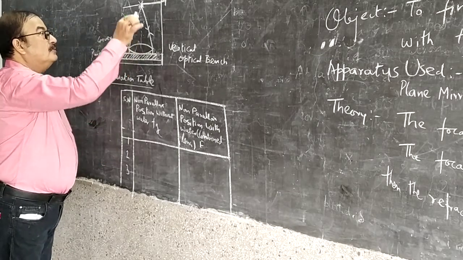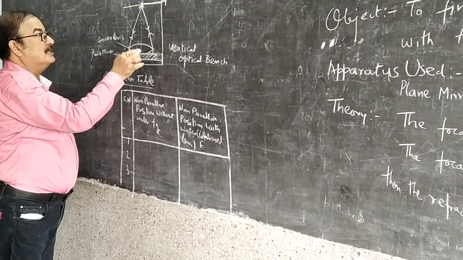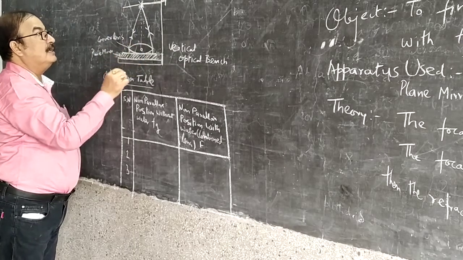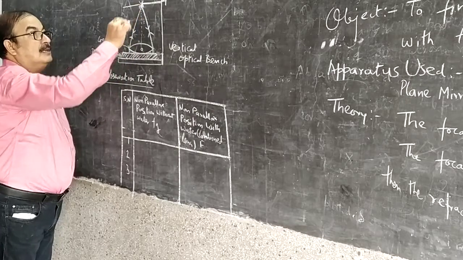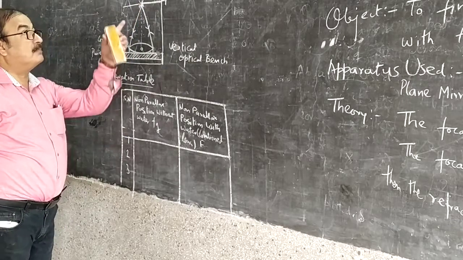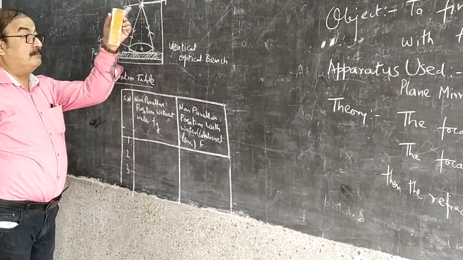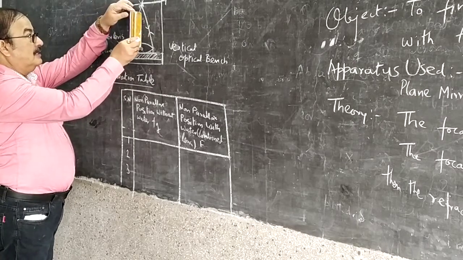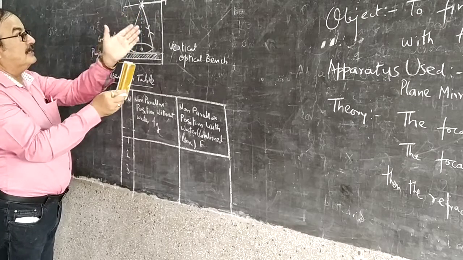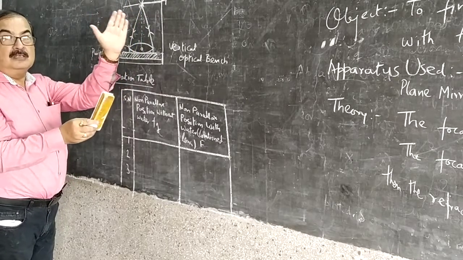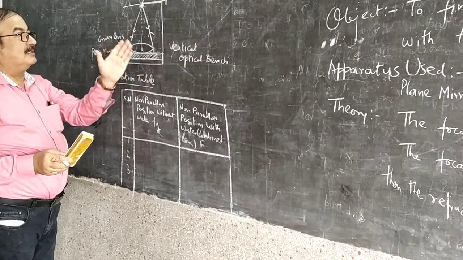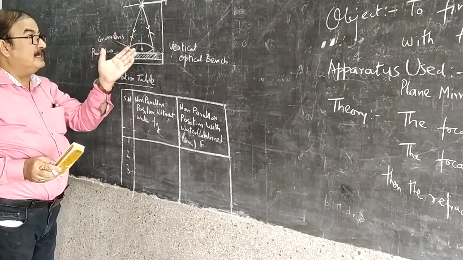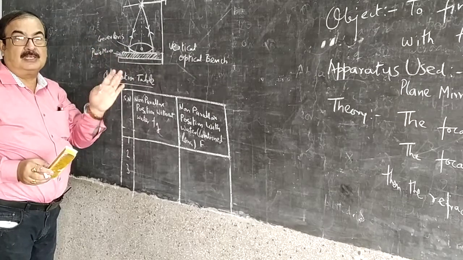Then we try to keep the lens in such a manner that the optical center of the lens must come at the level of this pin, and this can be attained by placing a plastic scale there, so that we may find that whatever image we get in the lens is absolutely correct.